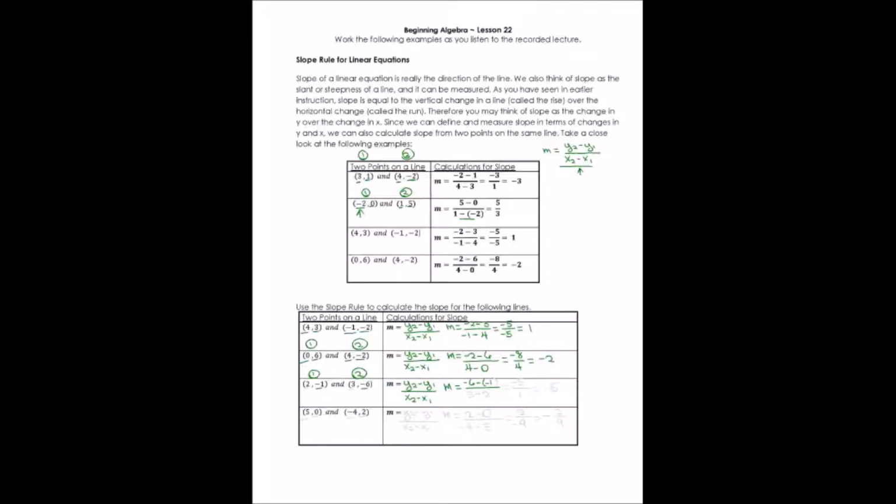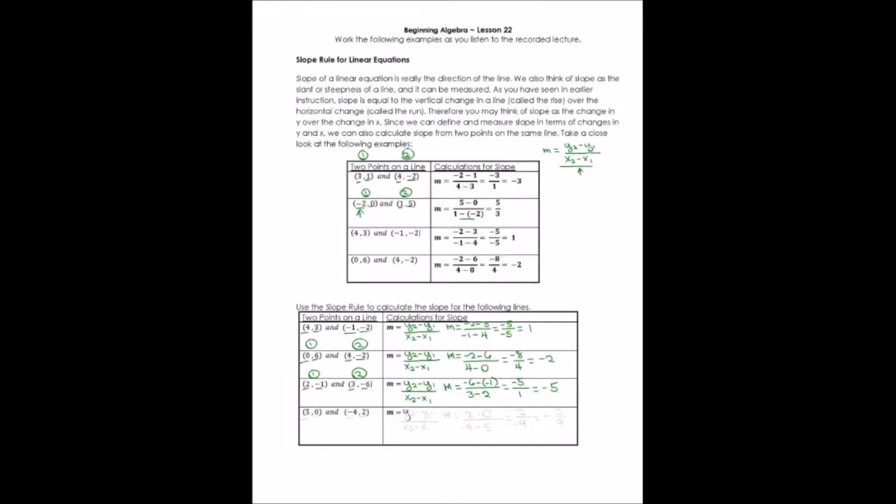I'm going to end up with two negatives together, so I'll use parentheses to separate them. Then I have to say x2, which is 3, minus x1, which is 2. When I do the math, I have negative 6 plus 1, because the two negatives together turn into a positive. So negative 6 plus 1 is going to give me a negative 5. And in the denominator, I have 3 minus 2, which is 1. Well, the slope for this one is the whole number, negative 5.